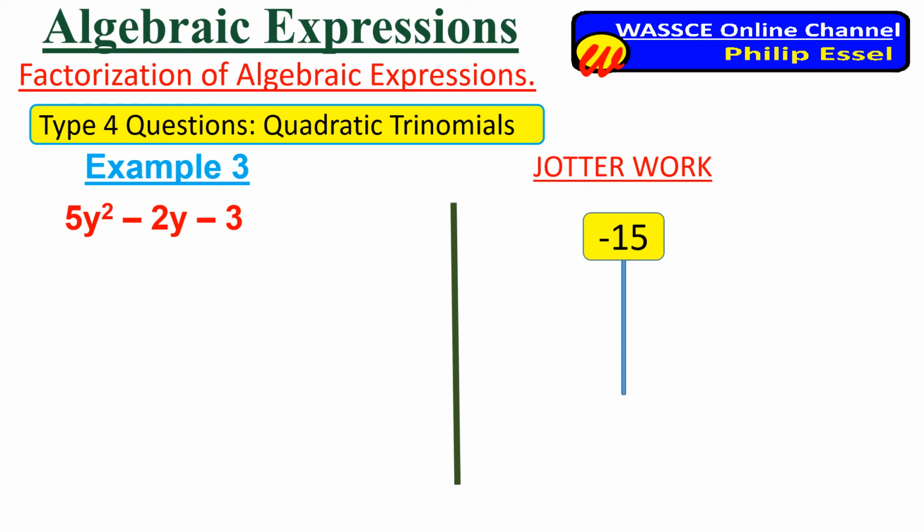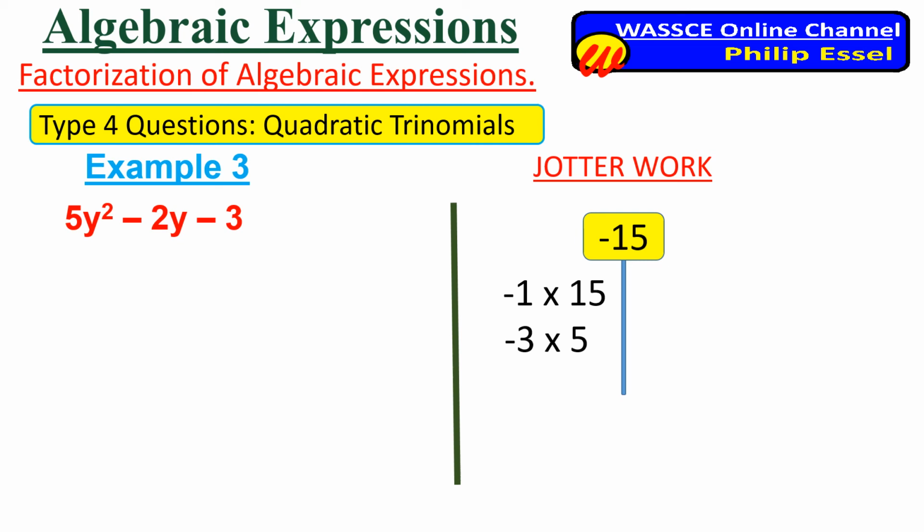Next, we are going to look for two numbers which, when multiplied together, would give us this -15. So first, the number -1 multiplied by +15 will give us -15. Next, the number -3 when multiplied by +5 would also give us -15.